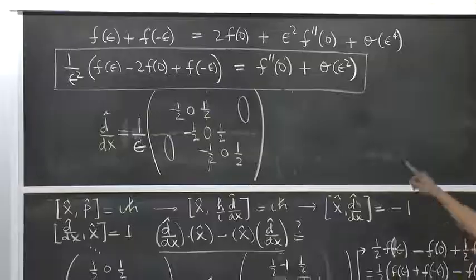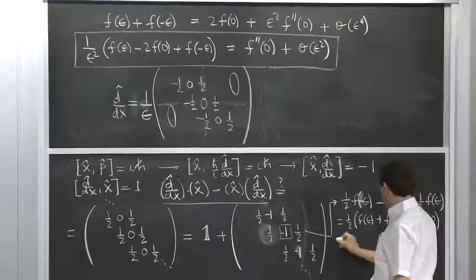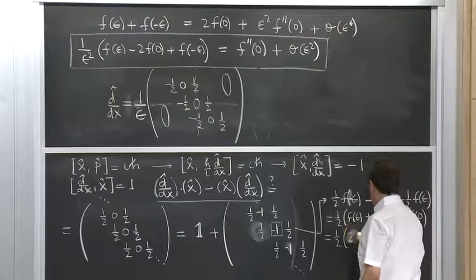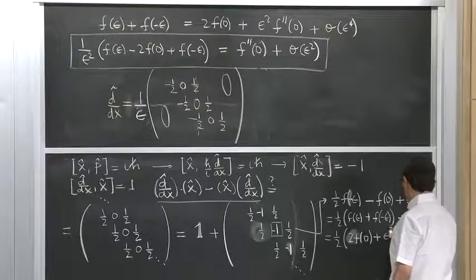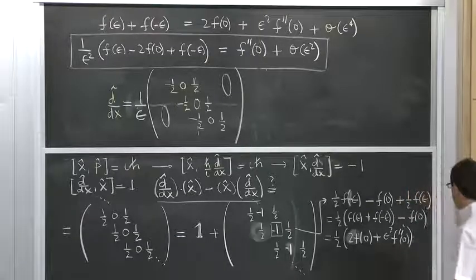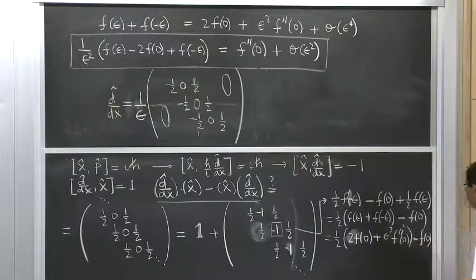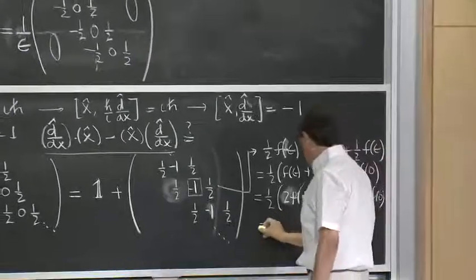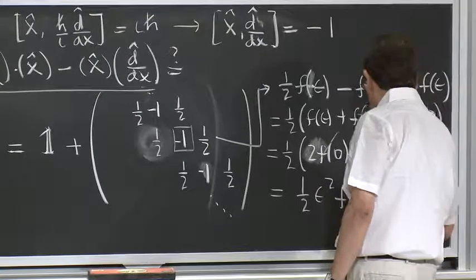And that's 2f of 0 plus epsilon squared f double prime of 0. So this is 1/2 2f of 0 plus epsilon squared f double prime of 0 minus f of 0. So the f of 0's cancel, and you get 1/2 epsilon squared f double prime of 0.